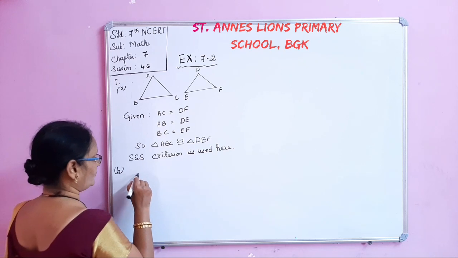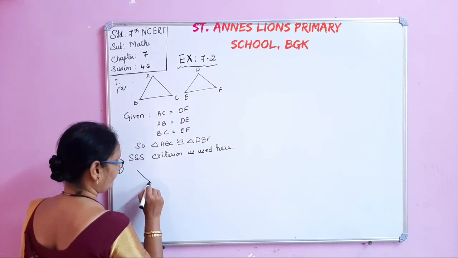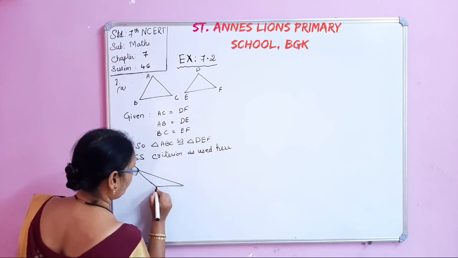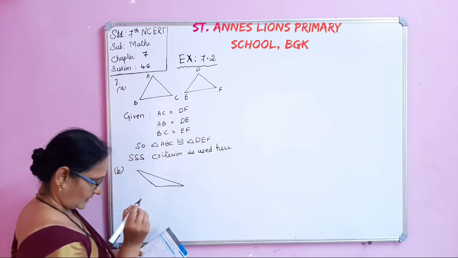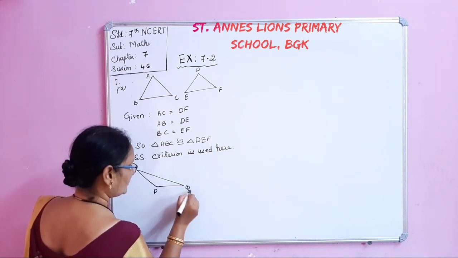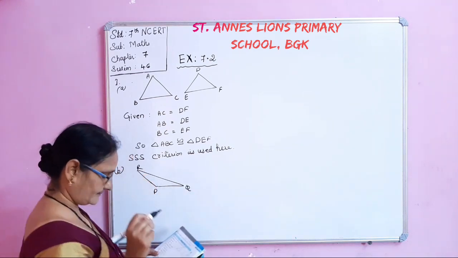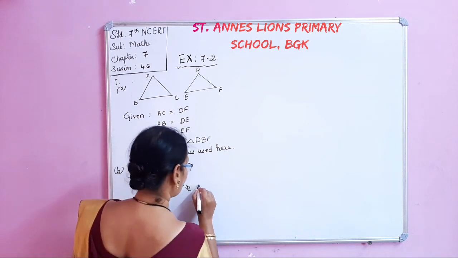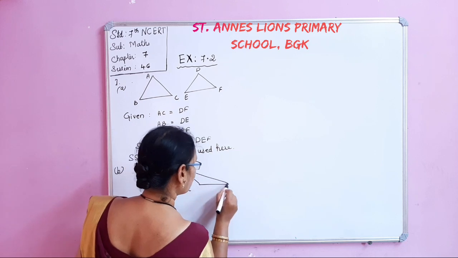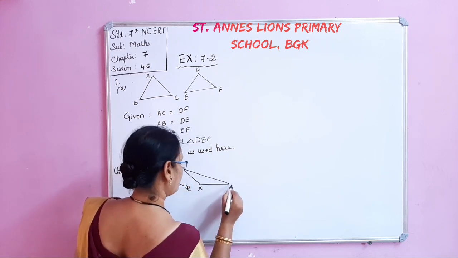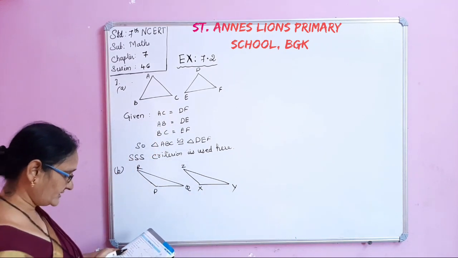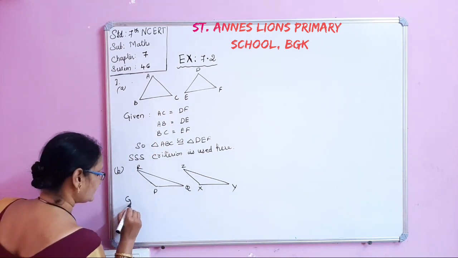See, the diagram I am going to draw. Here PQR and XYZ. See, this is X, Y and Z. Here what conditions have they given?